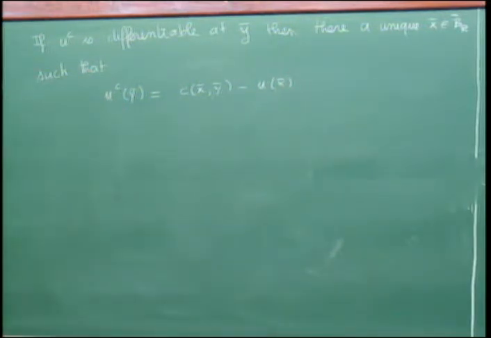So I am saying the minimizer is unique at the point of differentiability, which means that when we have star 1, the infimum will be uniquely determined.